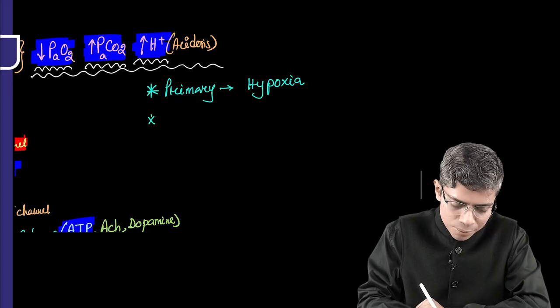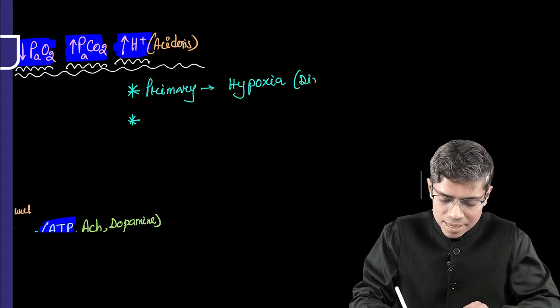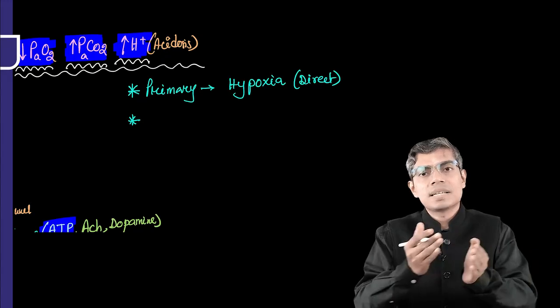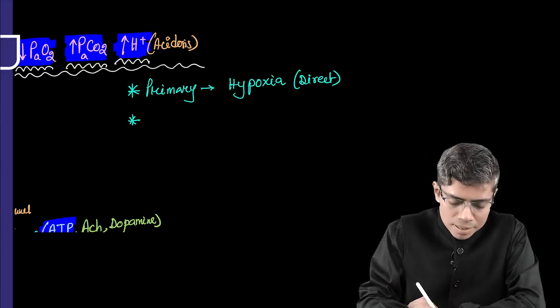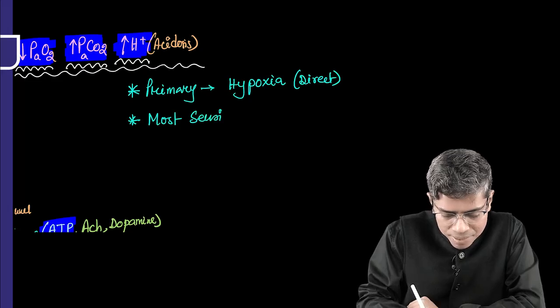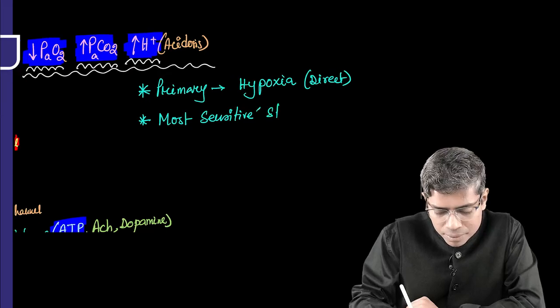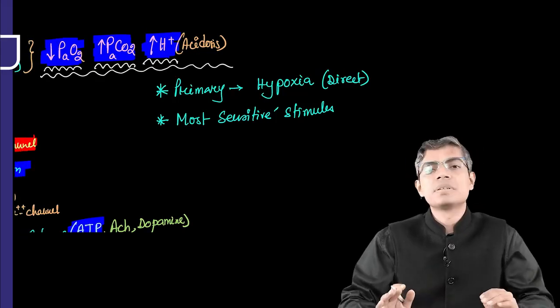But primary can also be asked like this, the direct stimulus. If I ask you what is the indirect stimulus, then carbon dioxide and acidosis. But if I ask you which one is the most sensitive stimulus for peripheral chemoreceptor, then the question is different.